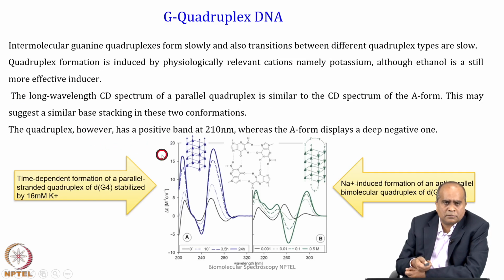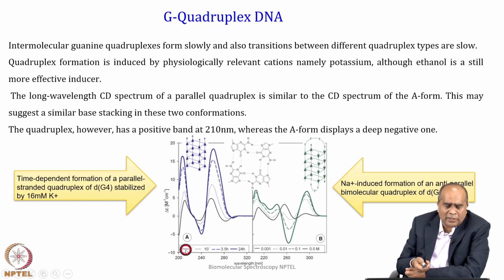So, the CD spectrum of parallel quadruplex is similar to the CD spectrum of the A form, because the 260 positive peak that we already see is also a characteristic peak in double stranded DNA, and this may suggest that the quadruplex and A will have similar base stacking, right. But quadruplex also has a positive band at 210, you can see here, that is where the A form has a negative one.